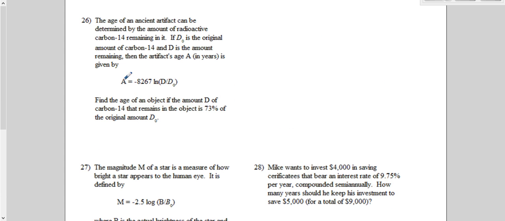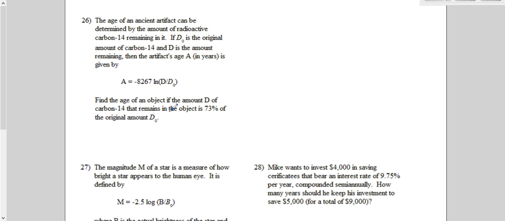All right, let's look at number 26. Talks about the age of ancient artifacts and the amount of radioactive carbon-14 remaining. So we follow this formula. A equals negative 8,267 times the natural log of D over D sub 0.